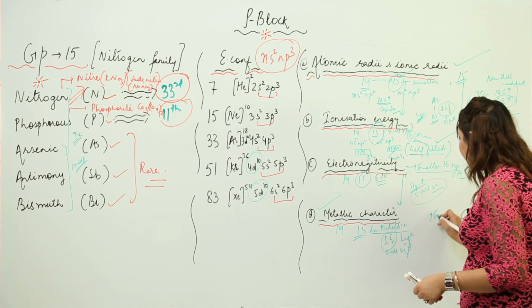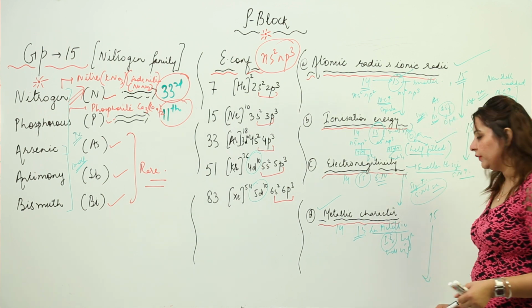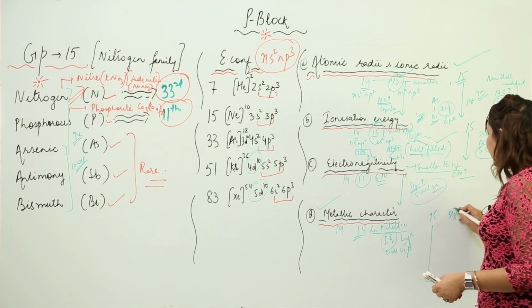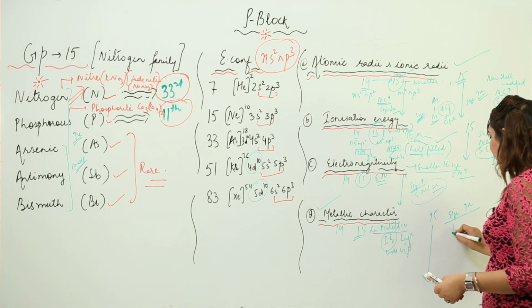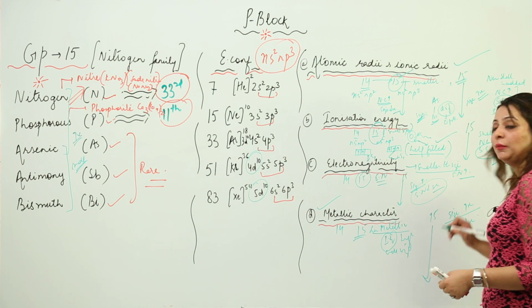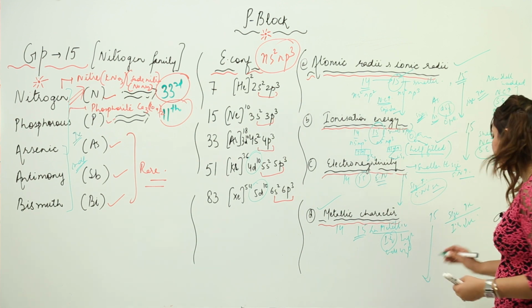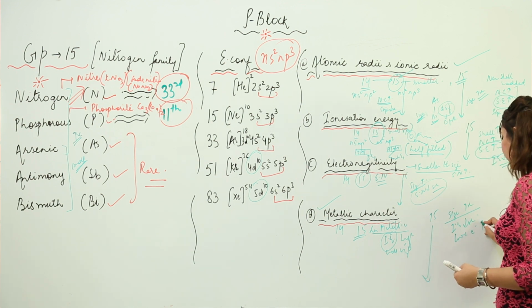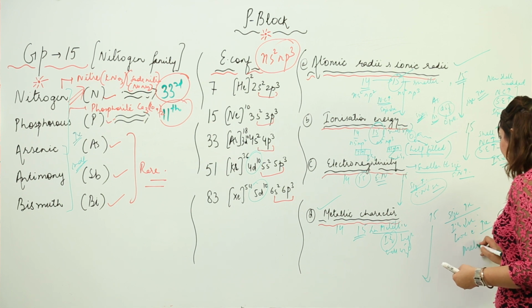But if we talk of elements within group 15, as we move down, size is increasing and ionization energy is decreasing. That means the tendency to lose electrons is increasing. Therefore, we say metallic character increases down the group.